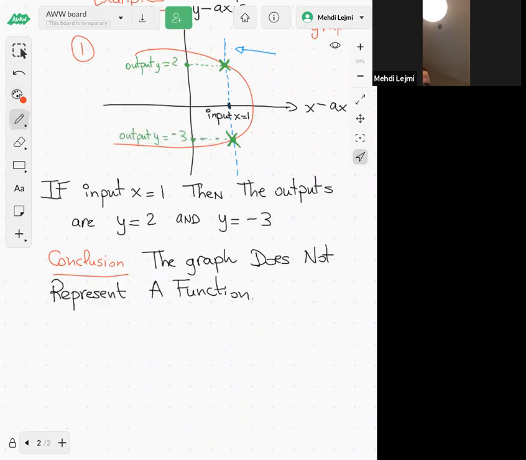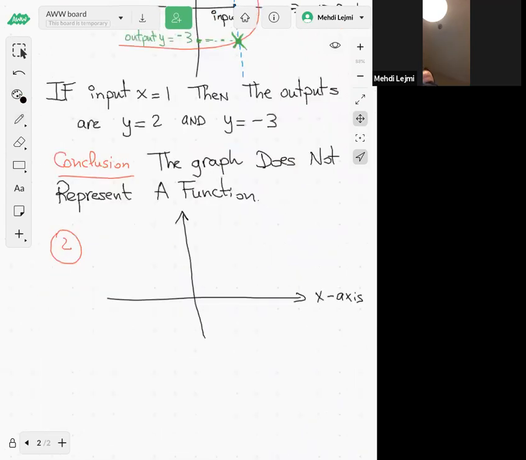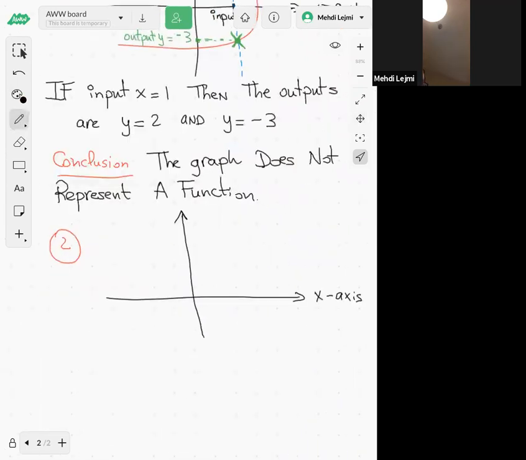Another example, number 2. Again, you have 2 axes: the horizontal axis, that's my x-axis, my inputs x, and the vertical axis, which is the y-axis, which corresponds to the outputs. This is the y-axis, that's my outputs y.